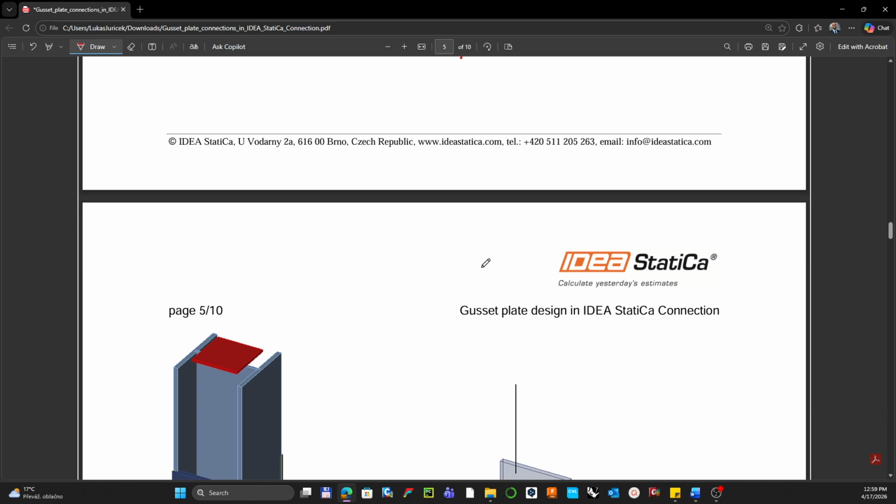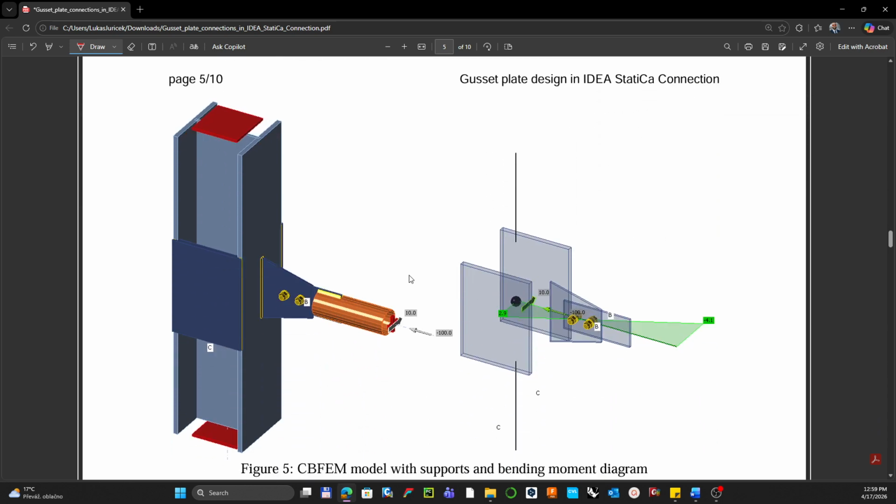How does it work in practice? Let's imagine that you have a connection like that, and your force is coming from the node to the end of the condensed element, and it causes the primary bending moment, because this part has some eccentricity versus this gusset plate.